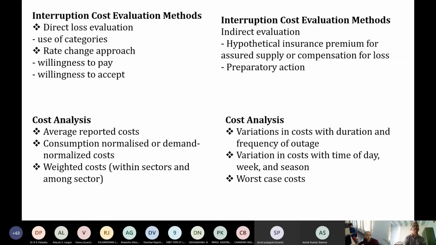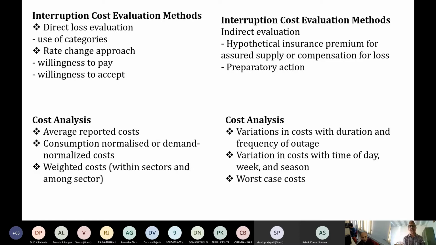So you will get compensation for the losses that are incurred by you.